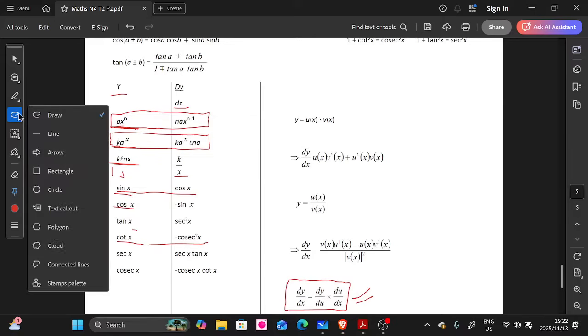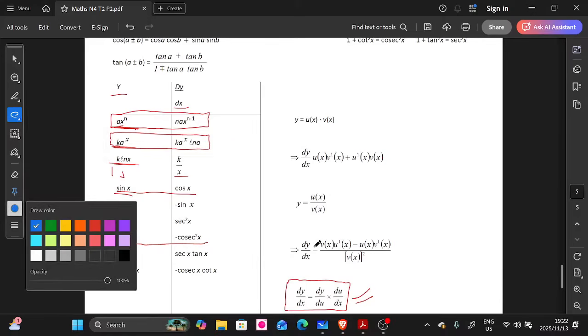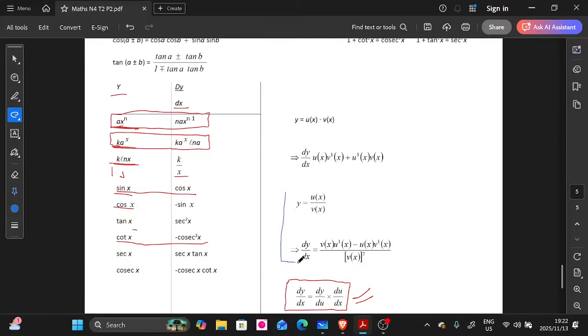Let me use a different color. Stripe blue. This part here is for quotient rule, right? When you have the one on top, on the numerator, they say it's u of x over v of x, right?